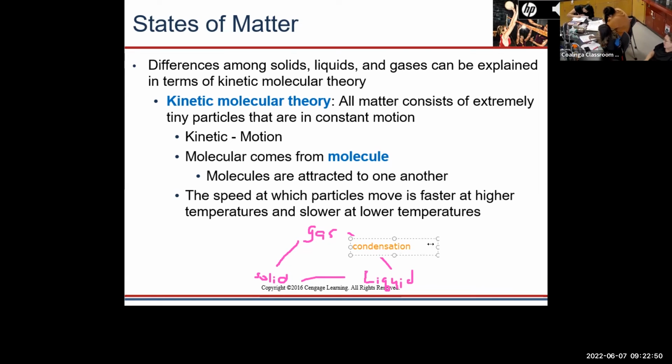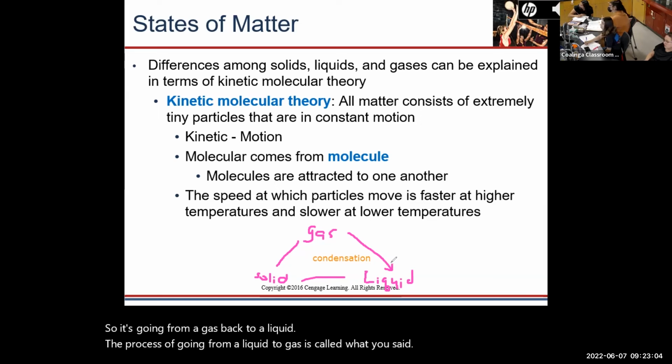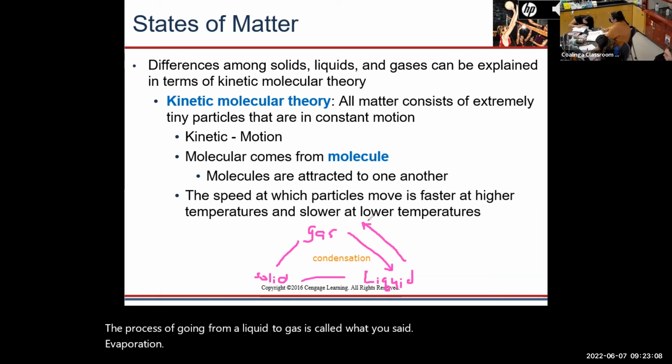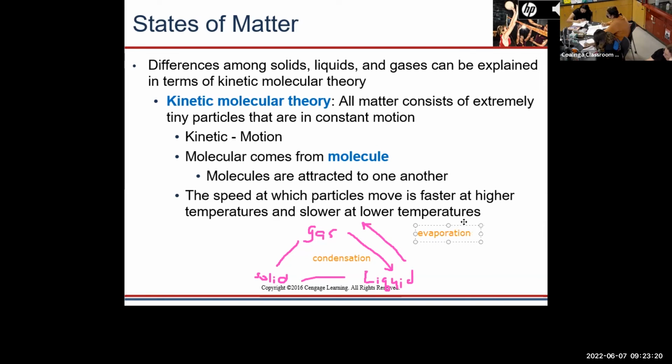Okay, so going from a gas to a liquid is called condensation. The process of going from a liquid to a gas is called what? Evaporation.